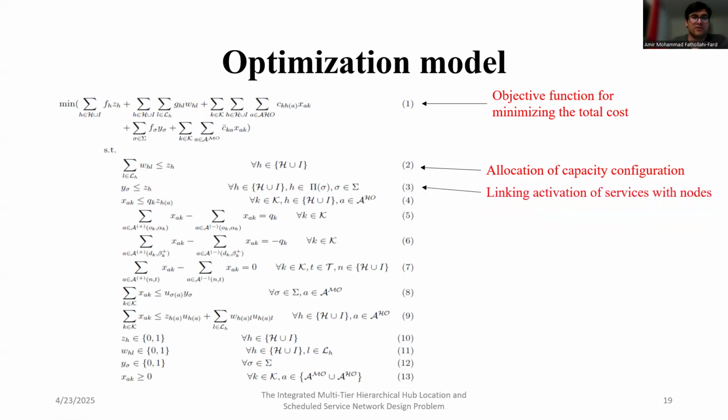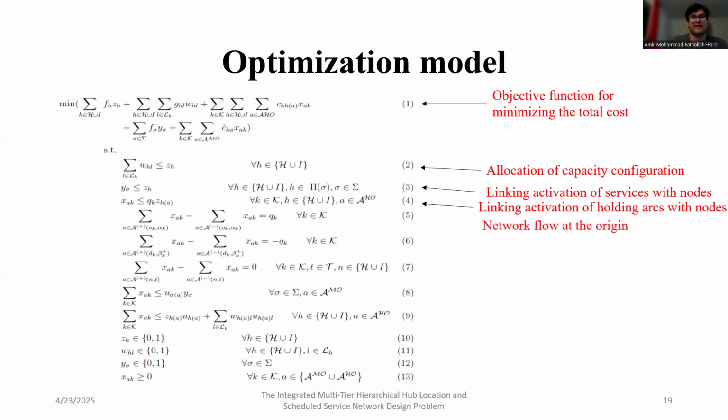There are also two constraints for linking the location variables and the selection of the services, and linking the location variables with activation of the holding arcs. So for traveling arcs and the holding arcs, we define constraints 3 and 4 for activating them.